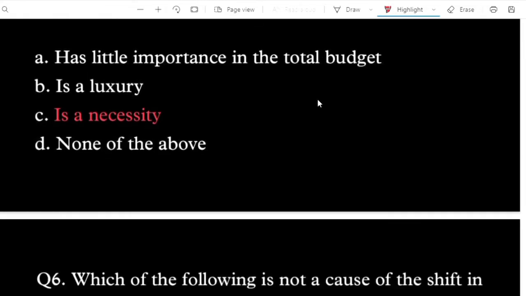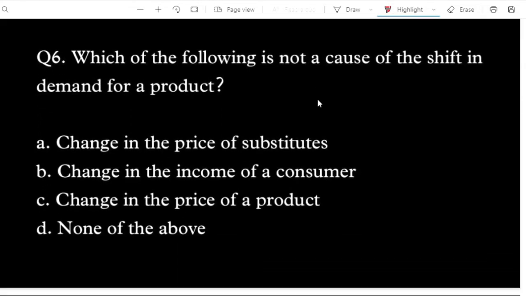Let's move to next question. Which of the following is not a cause of the shift in the demand for a product or commodity? Option A change in the price of substitutes. Option B change in the income of a consumer.